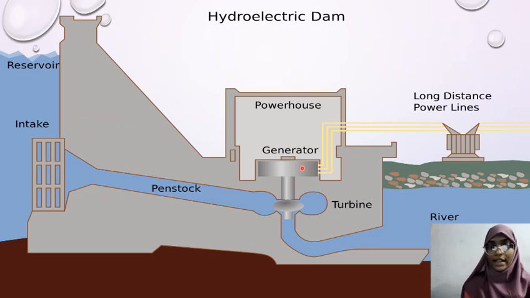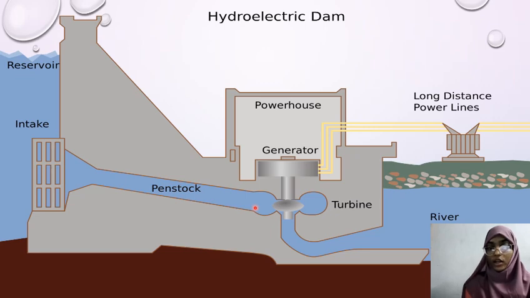So this is the line diagram of a hydropower plant. The reservoir is where the water is stored. Through the intake, water flows into the penstock. Here water has potential energy. When it comes through the penstock, the water is converted into kinetic energy.